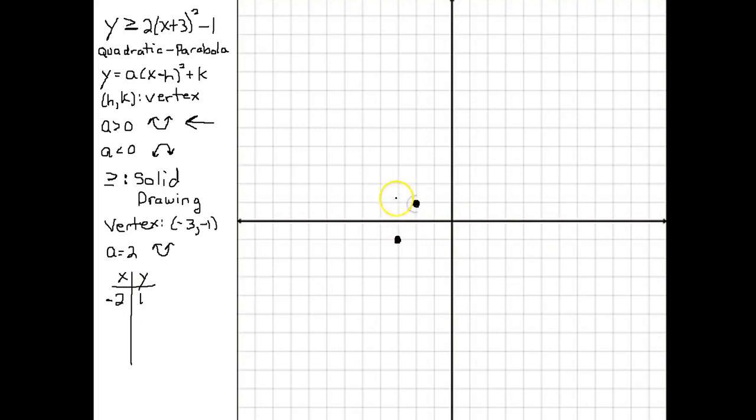But remember, there's a line of symmetry going through the vertex, so that tells me that (-4, 1) will be another point. If I plug in -1, -1 plus 3 is 2, 2 squared is 4, 4 times 2 is 8, 8 minus 1 is 7. That's what tells me (-5, 7) will be a point.